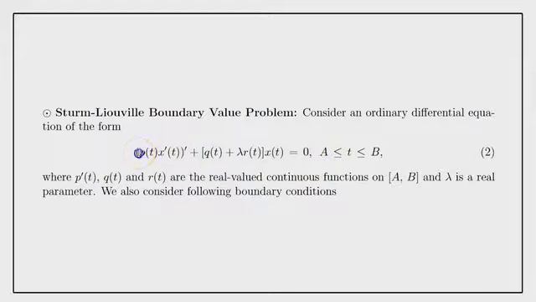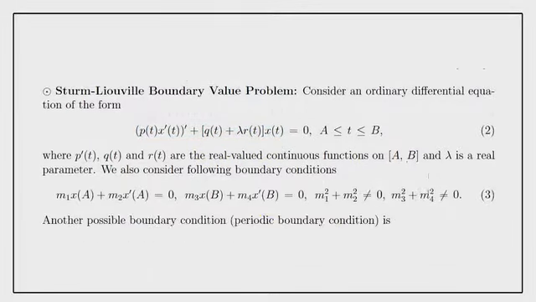So, this is a special kind of second order linear ordinary differential equation involving a parameter lambda. This is defined over the closed interval [a, b]. Further, P dot(t), Q(t) and R(t), that means three functions involved with this equation, are real valued continuous functions on the closed interval [a, b], and lambda is a real parameter.